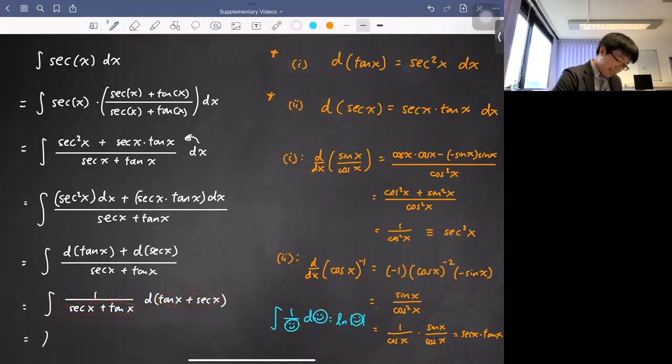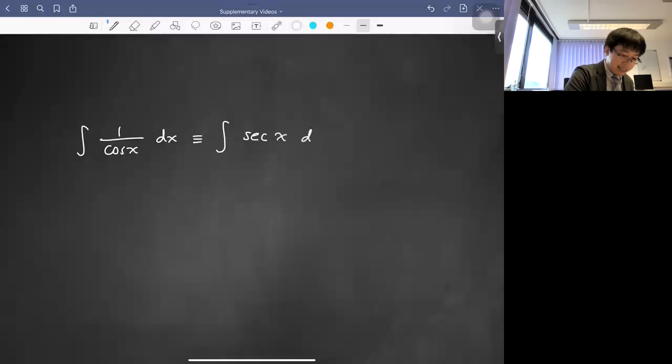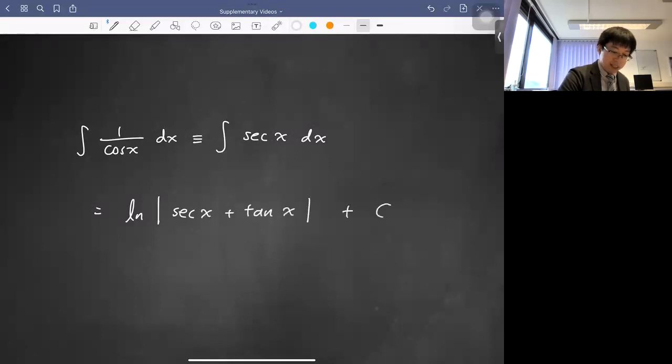So the answer is log of secant x plus tangent x plus c. That's the result. I'll note it up here: either 1 over cosine x, or secant x dx. Either way, the answer is the log of secant x plus tangent x, remember there's always an absolute value in the log, plus c.